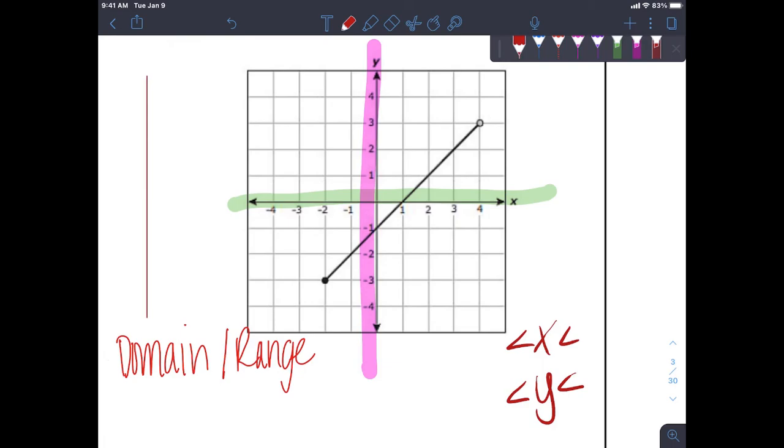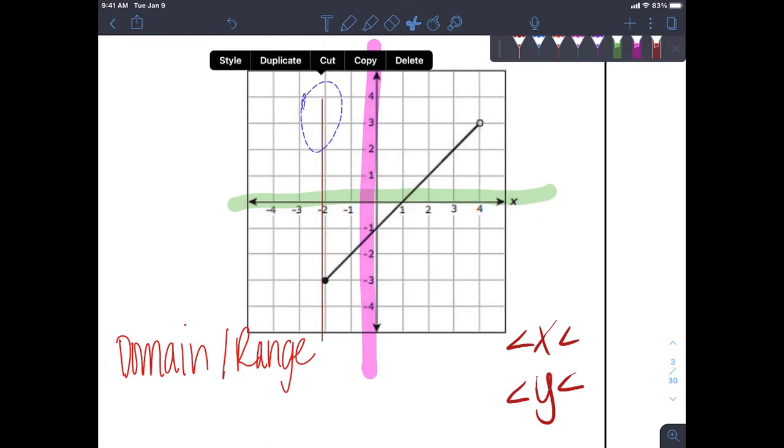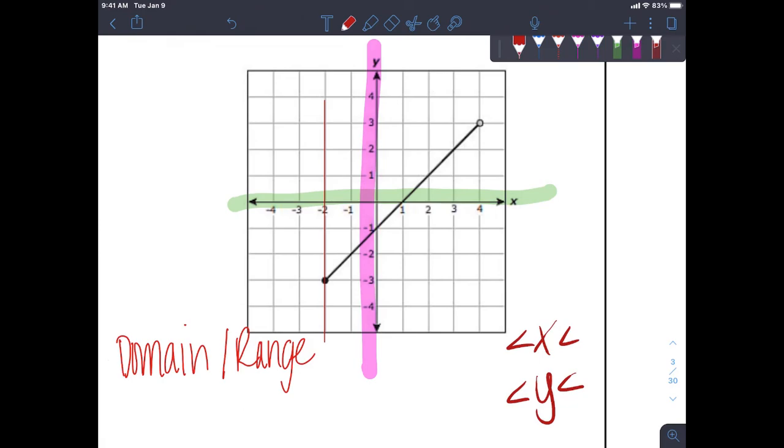Now I'm going to first look for my x value that is the furthest to the left. I'm going to go in, and that is the very first point that I come across, located here at x equals -2. I see that the dot located there is filled in, so I would put my extra line.